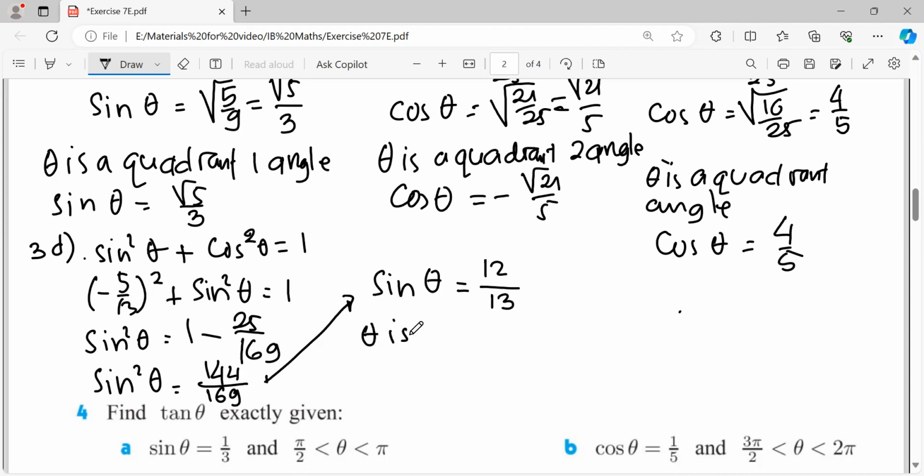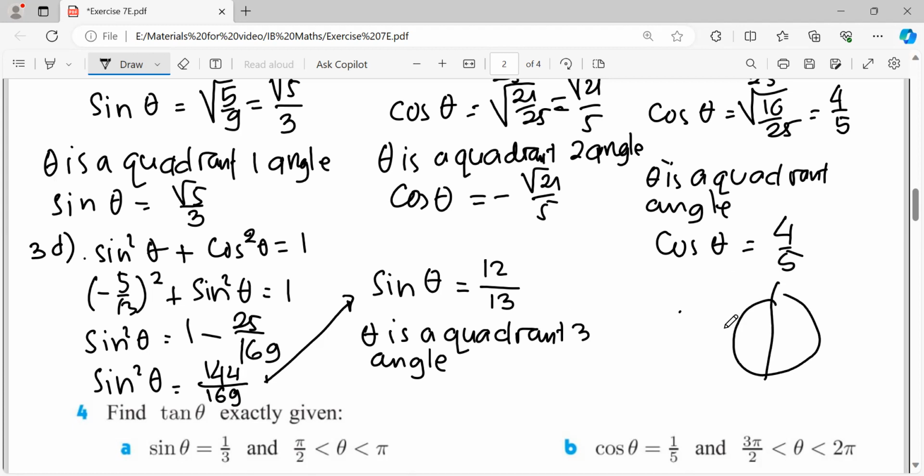Theta is a quadrant 3 angle. At quadrant 3, the coordinate point is negative x, comma, negative y.